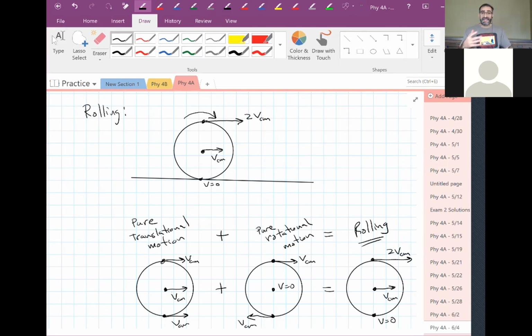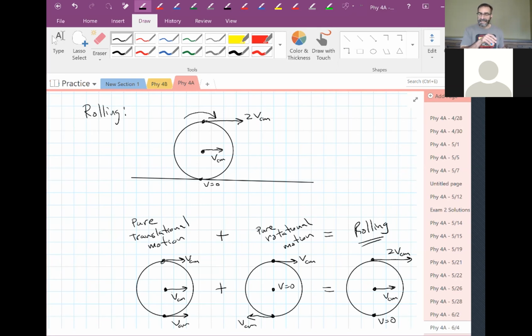So instead of thinking of an object rolling as this complicated situation where an object is rotating about a point that's in contact with the ground and having to use parallel axis theorems and all of this stuff, I can just say this object that's rolling, I can magically in my mind split it into two objects. One that's just spinning without moving and one that's moving without rotating, and just treat them that way. And it's much easier to solve problems that way.